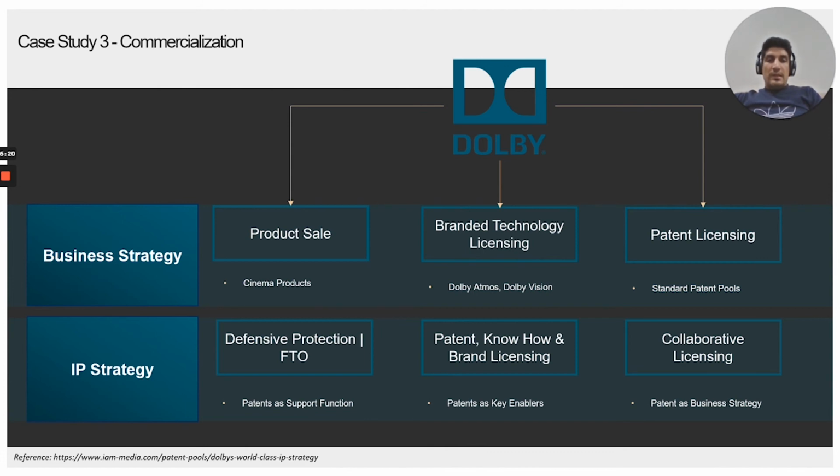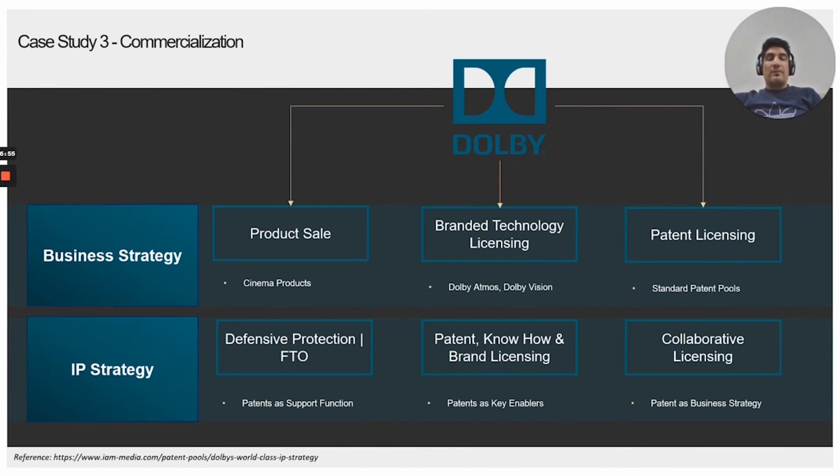Now, another area is working upon branded technology licensing. So Dolby Atmos, Dolby Vision. You're not investing in any hardware or manufacturing. What you're going to license is patents, know-how, brand licensing. So you need to be very sure that the patents are key enablers. If you do not protect your technology, people would learn from you and they will not give you any penny. So in that case, you need to be very sure what you have protected and how you have protected it, so that no one can bypass your products.